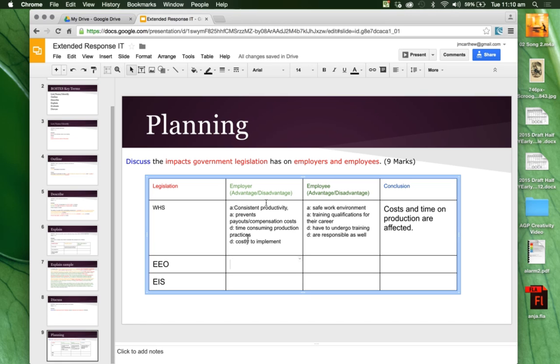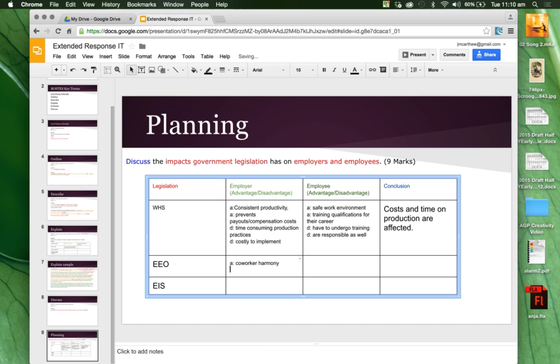So, anyone got an advantage for employers? Worker harmony. Yep. What else?